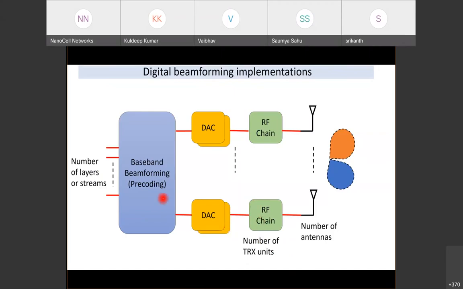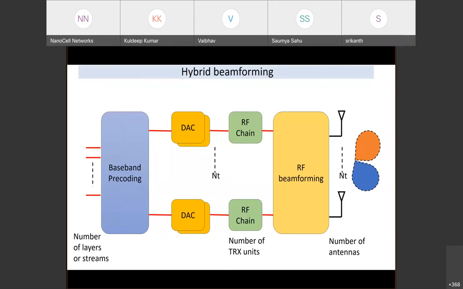You can generate multiple beams in parallel. That's the advantage. The complexity of all this is what you have to factor in. And if you do hybrid, then you can decide, I have so many antennas, but I don't have to digitally beamform on all of them. I might do a subset digitally, and then I might do some in analog.